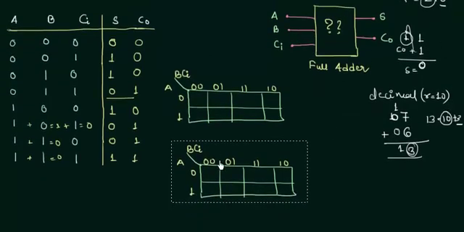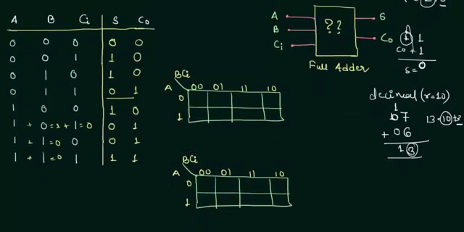So let's copy it down, and now we'll move to fill up this map. So let's fill it down. This one is for sum, and this K map is for the carry output. So 0 1 1 0, 1 0 0 1.